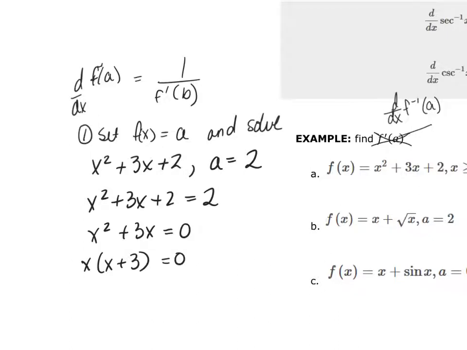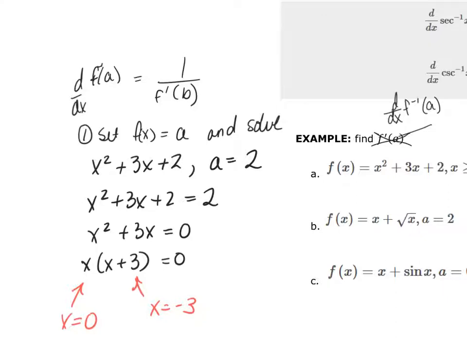So if I put 0 into the original function, 2 will come out. And if I put in -3 into the original function, 2 should also come out. I have found the values I would have put in to get 2 out.